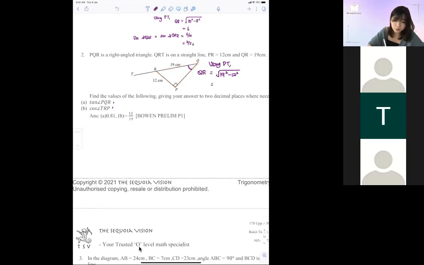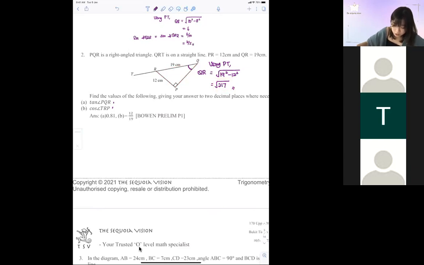So 19 square minus 12 square is 217. 217, there's no way you can square root this number. So you leave it as it is because this is not the final answer yet. We may need to use QR again. It's better if you leave it in root form than in decimal.